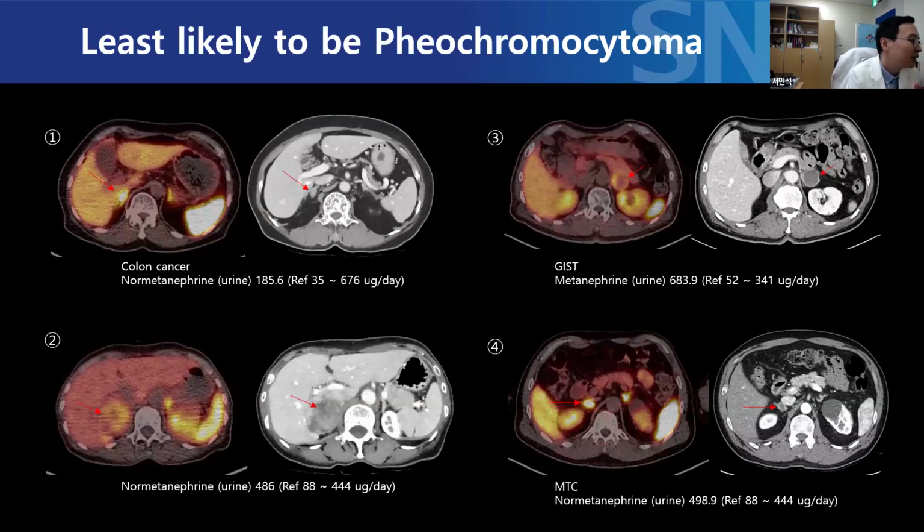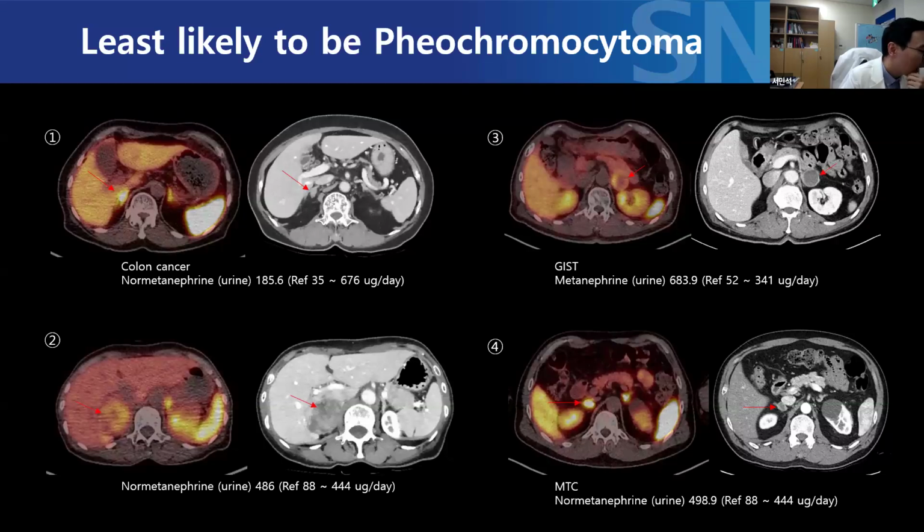What these cases indicate is that although pheochromocytoma usually shows very high somatostatin receptor expression and high uptake in the PET imagings, it can have variable uptake patterns. And when you want to make a diagnosis, you always have to consider serum or urine metanephrine levels or catecholamine levels with the imaging findings.